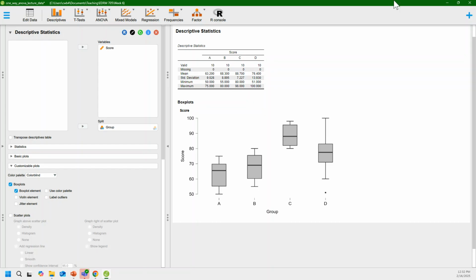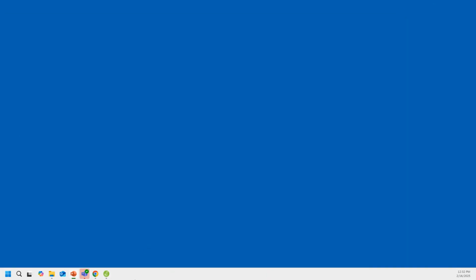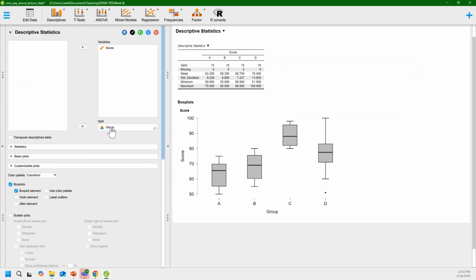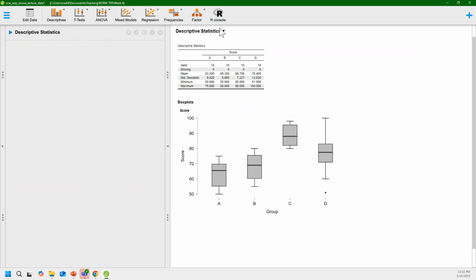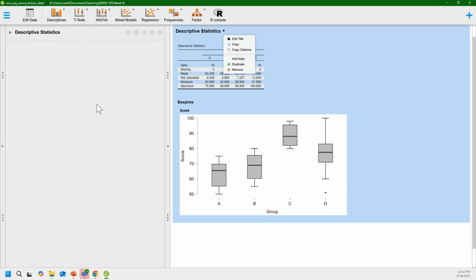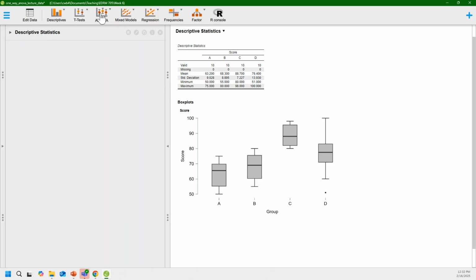All right. So I copied those in the next part of your notes. What I'm going to do next is I'm going to check the assumptions. I'm going to go to this ANOVA menu. This should be already a part of your JASP.